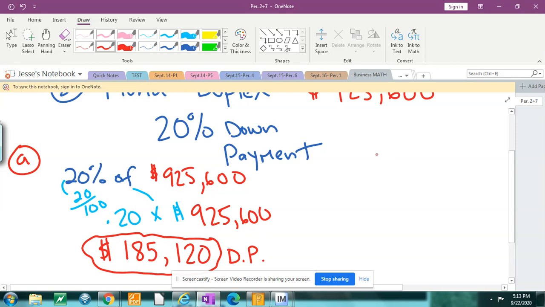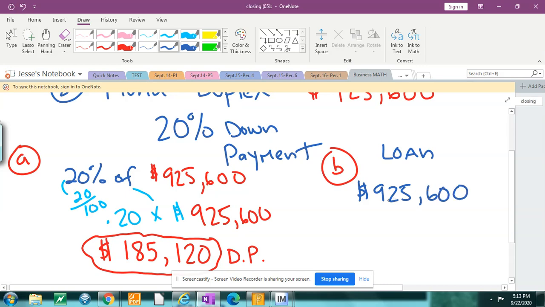Well, how much do you owe? So B is going to be your loan. How much is your loan going to be? Because someone's going to have to lend you the money, right? So the loan, and you already paid this amount. So it's 925,600, which is called your principal. That's how much you owe. I mean, the cost. Take away 185,120.